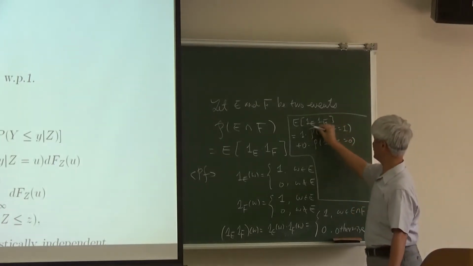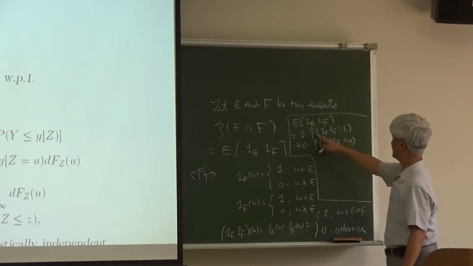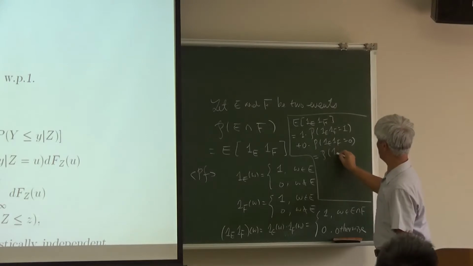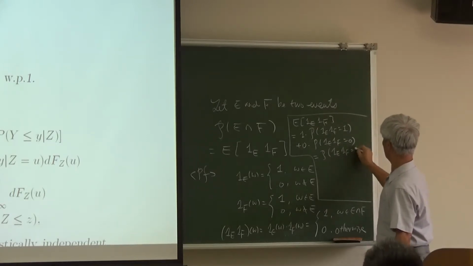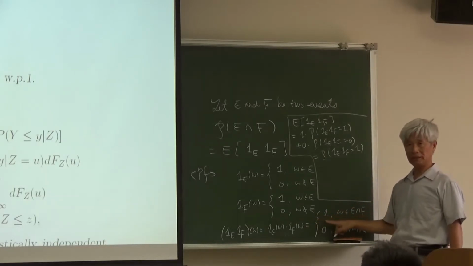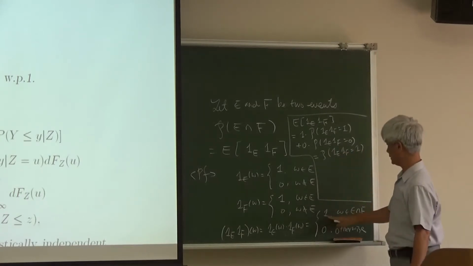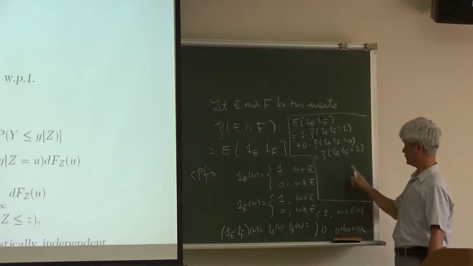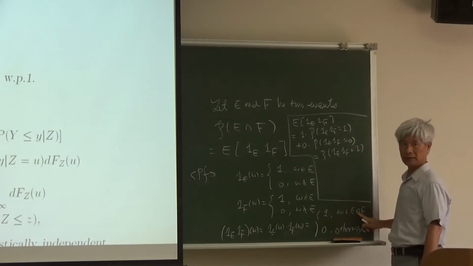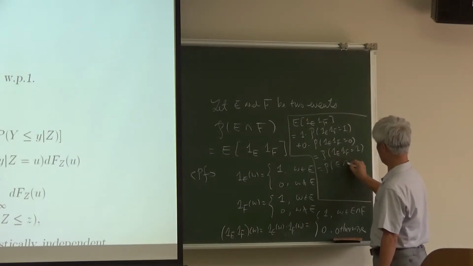From our discussion, we know that the product IE times IF equals 1 if and only if the outcome is in the intersection.